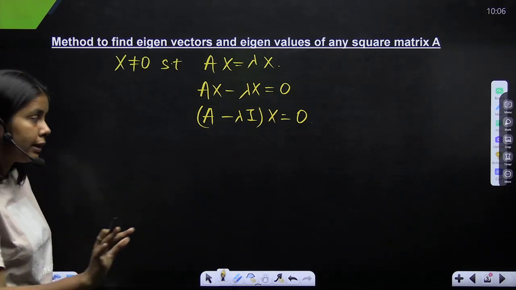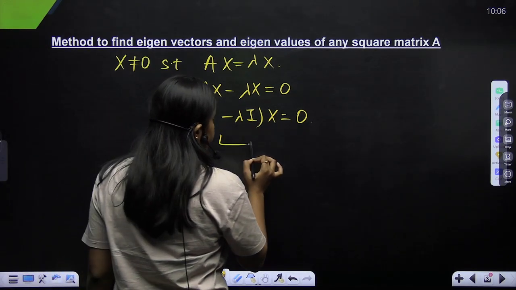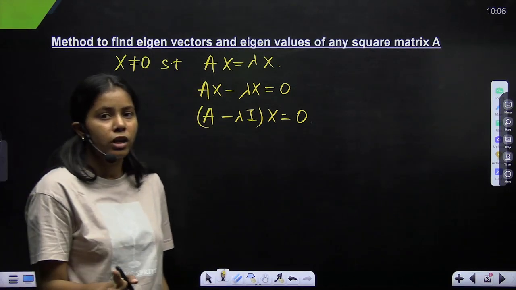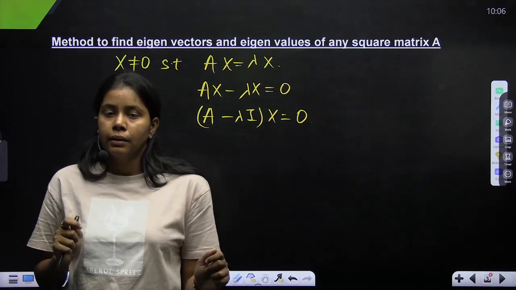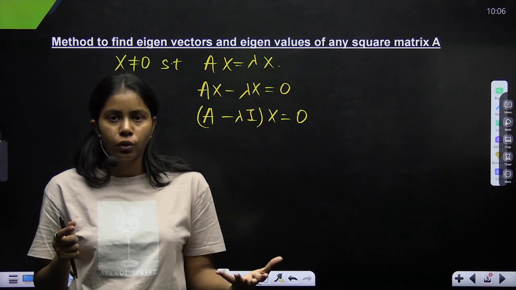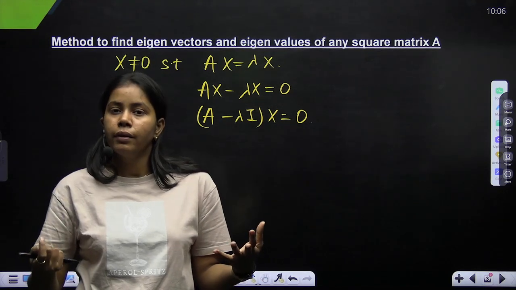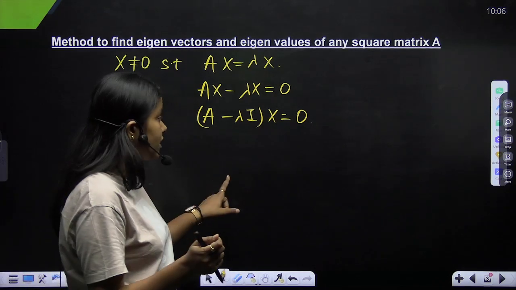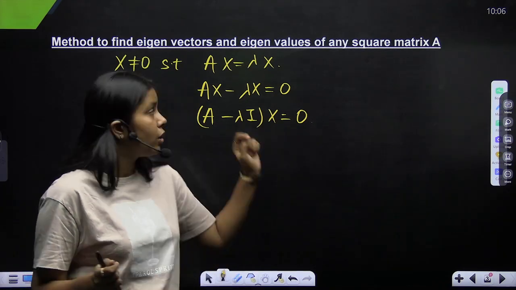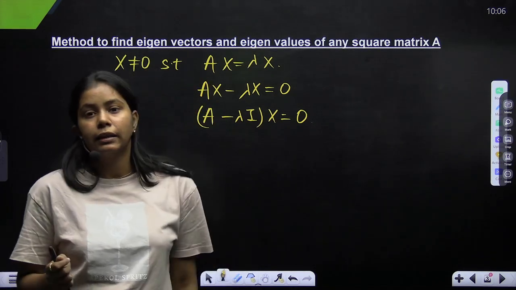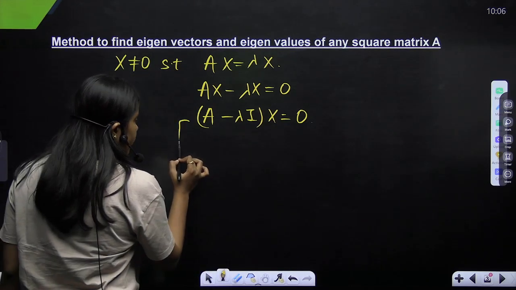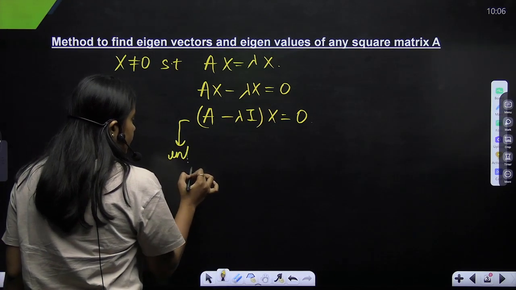We know one thing, if you remember: a homogeneous system of linear equations has two types of solution. Either a unique solution, which is the zero solution, or infinitely many solutions, which are non-trivial solutions. The zero solution cannot be here, because at the start we took x not equal to 0. So this system should have infinitely many solutions.